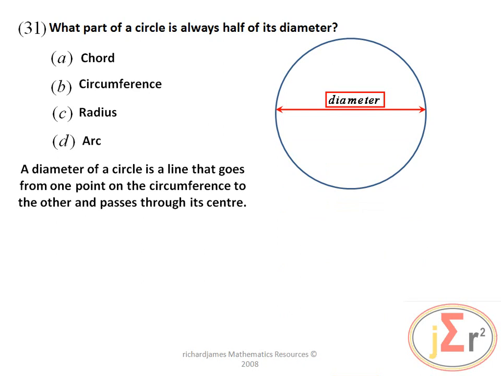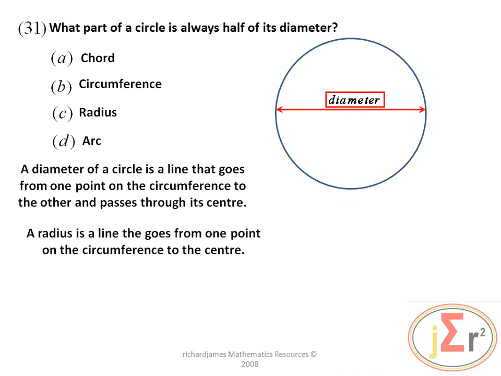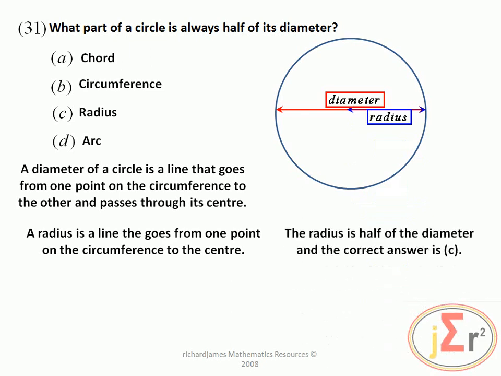So that is our diameter. A radius is a line that goes from one point on the circumference to the center. So there is our radius. The radius is half of the diameter, and the correct answer is option C.